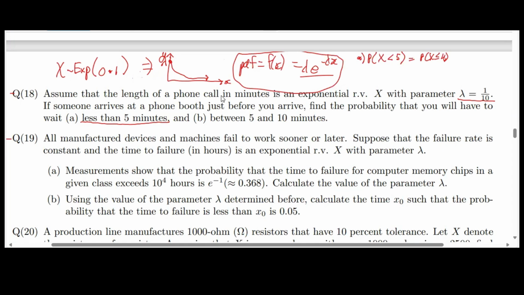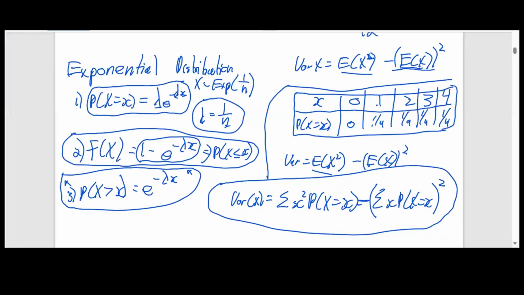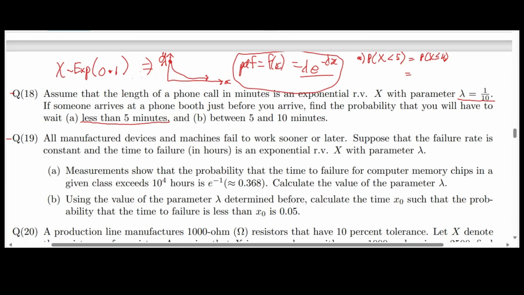So less than 5 starts at 4, so it could be less than or equal to 4. That is based off the CDF, and the equation is 1 minus e to the minus lambda x. So it would be 1 minus e to the minus 0.1 times 4, and you plug that into a calculator to get the answer.